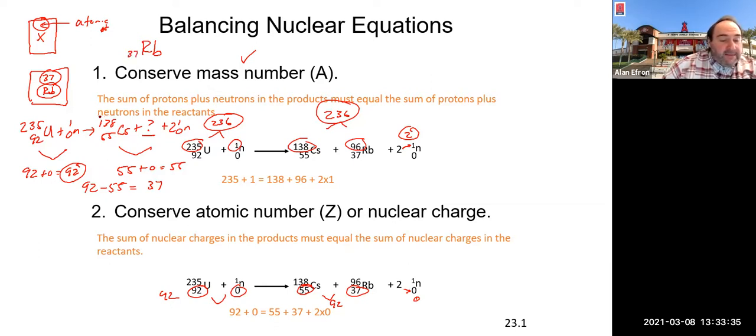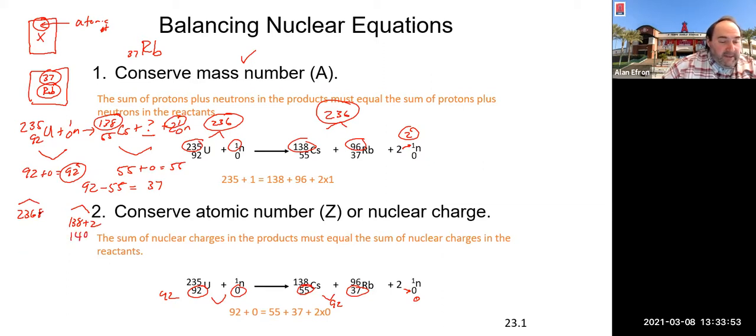To find the mass number, we would take the same approach. We would go up on top for the mass number, and that's going to give us 236 on the left. On the right-hand side, we have 138 plus 2, and that gives us 140.